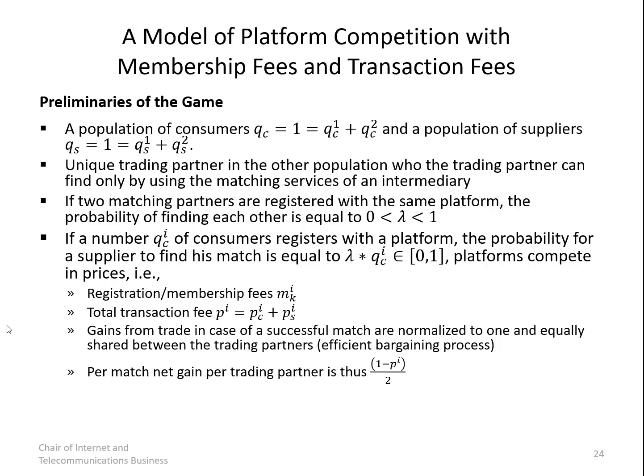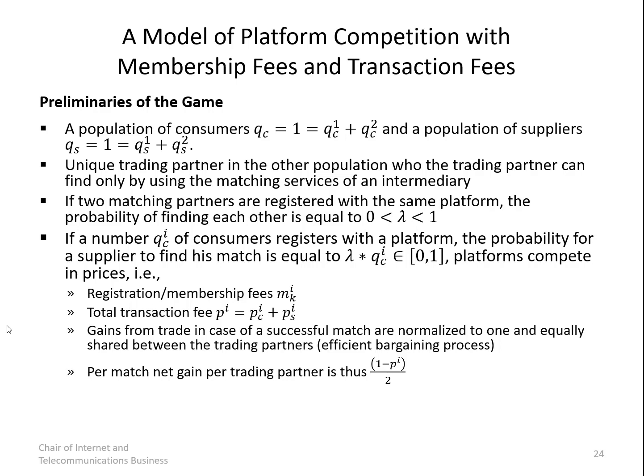There are unique trading partners in the other population, whom the trading partner can find only by using the matching services of an intermediary, that is, the platform. If two matching partners are registered with the same platform, the probability of finding each other is equal to lambda, which is the probability of a match.